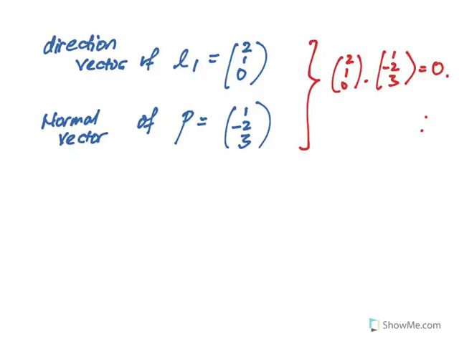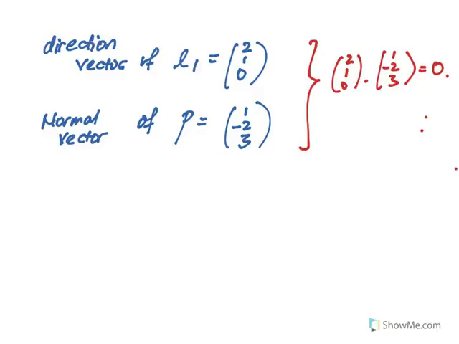So the direction vector of L1 is 2, 1, 0, and the normal vector of P is 1, negative 2, 3. And these two dot product is 0. That means if my direction vector is perpendicular to your normal vector, I'm parallel to your plane.